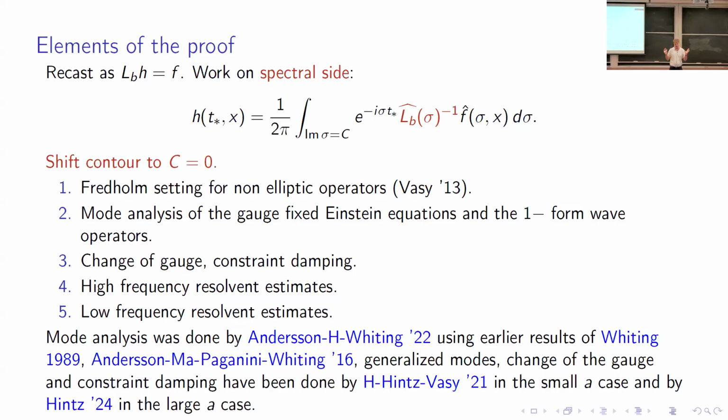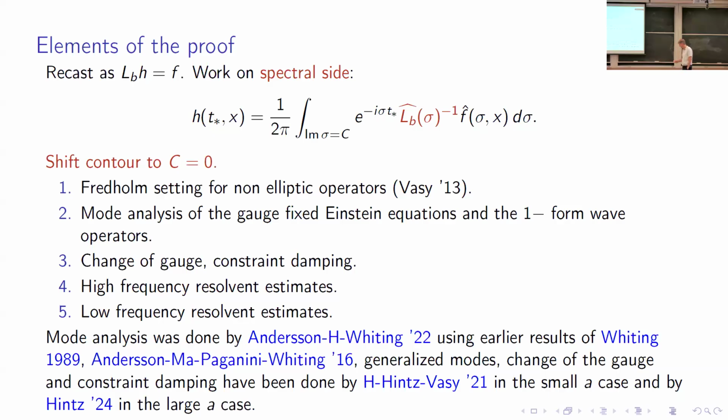But morally, this goes down to Teukolsky. I've already spoken about the change of gauge and the constraint damping, and now it's completely separated. You have one high frequency problem and one low frequency problem, and these are now completely separated. So you don't have to get any headache about how to fix this up. From the beginning, it's separated.